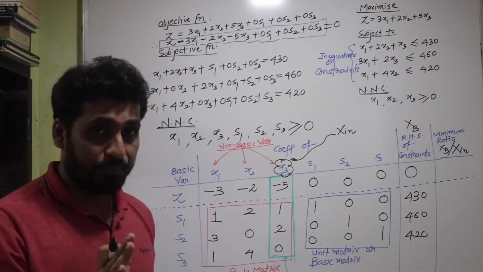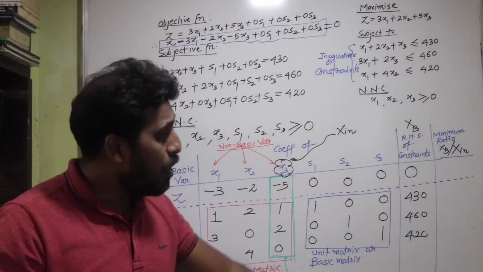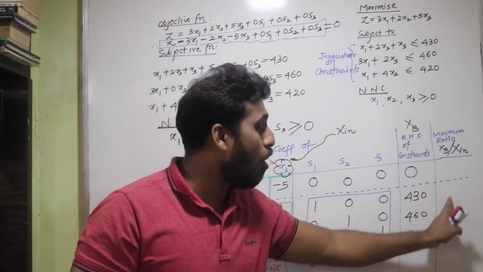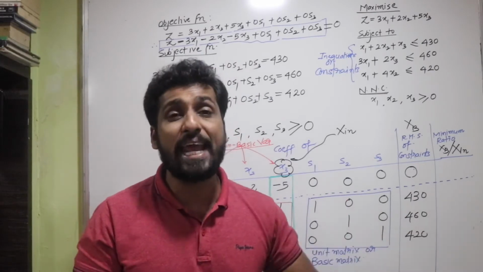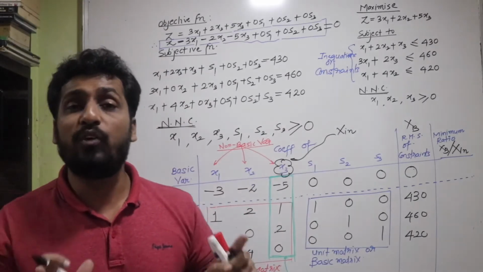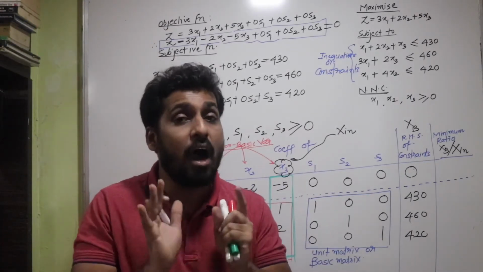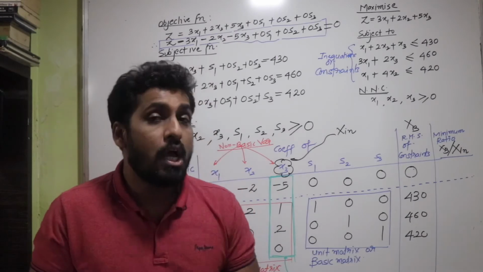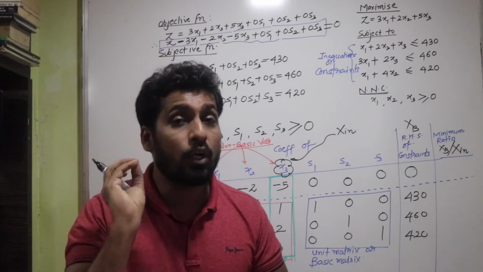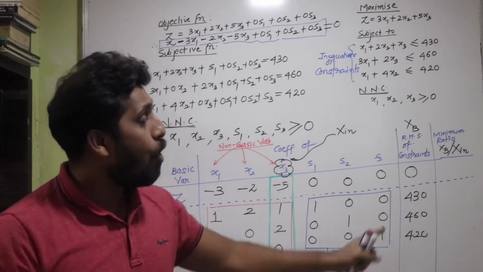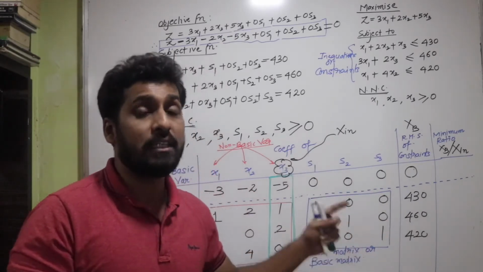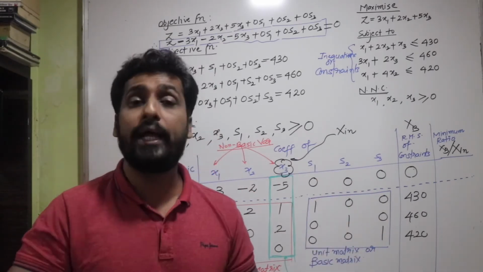Now, very important. If all these ratios came negative, your linear programming problem will have something called an unbounded solution. The problem cannot be solved further. Another very important concept: if you get all the minimum ratios negative, then you will get an unbounded solution.